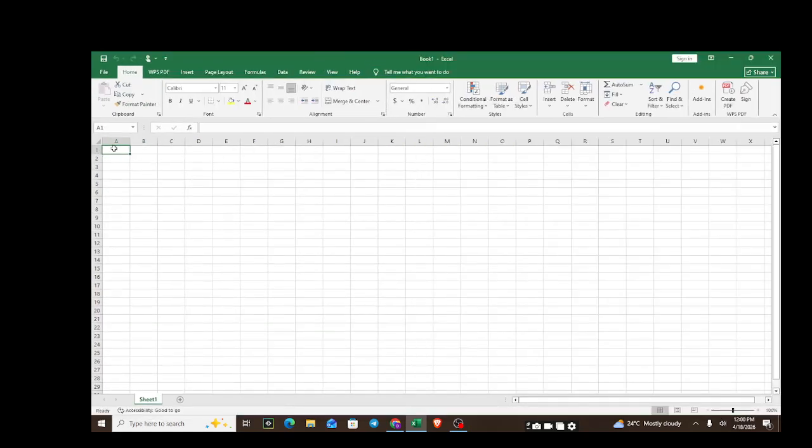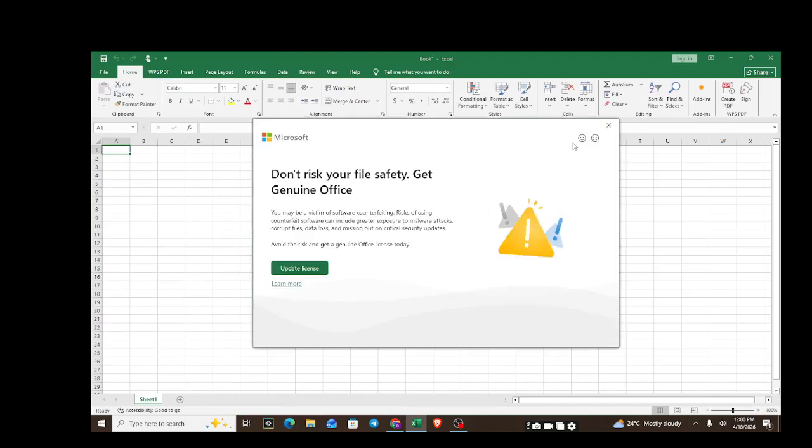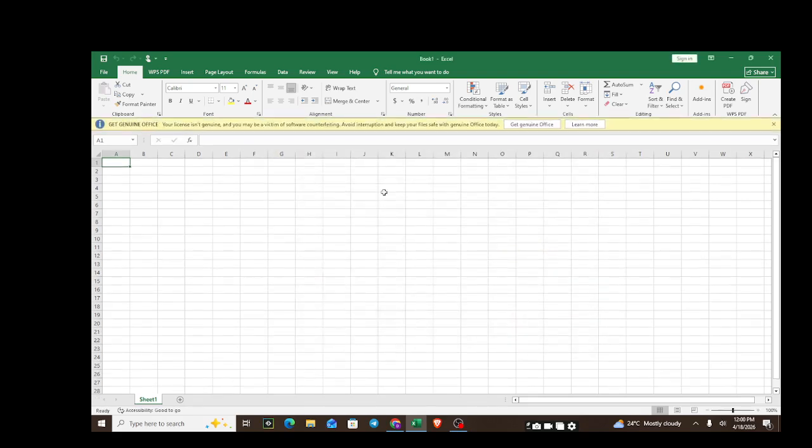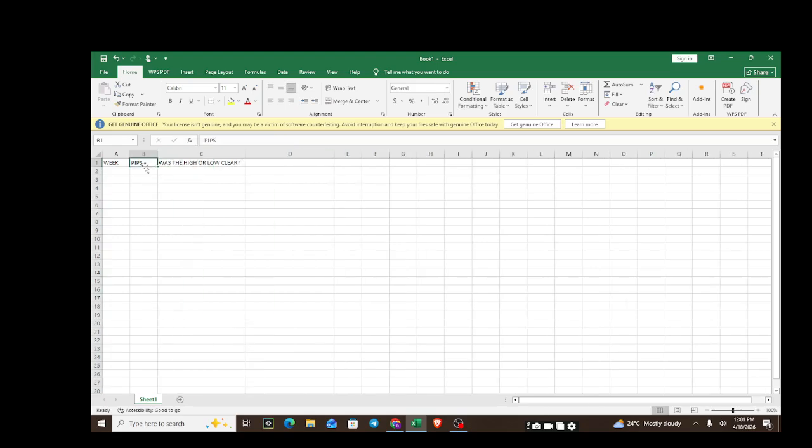So on this Excel sheet, we are going to denote which week is that, and then we are going to note how many pips price went, and then we are going to note was the high or low clear, and then we are going to note which day it was formed, right?